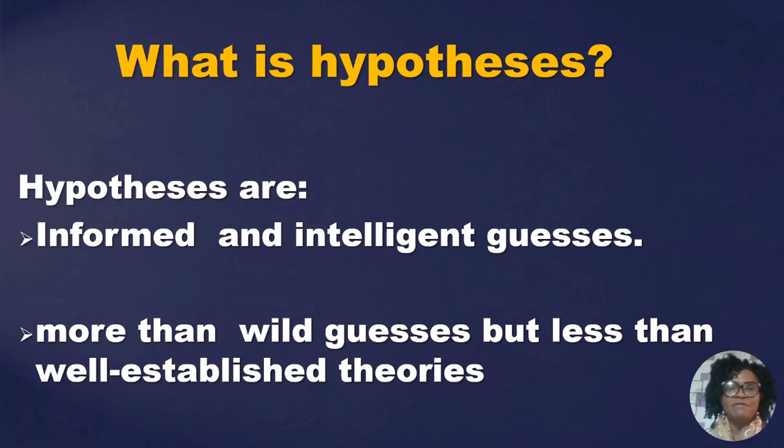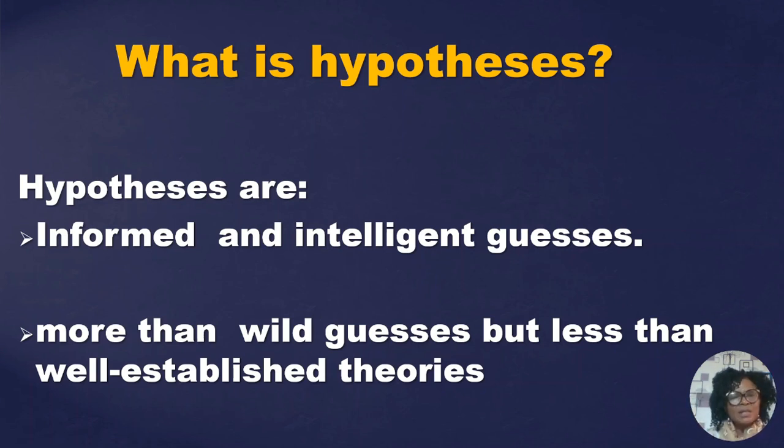Hypotheses are more than wide guesses, but less than well-established theories. Yes, I say hypotheses are informed and intelligent guesses. So when we talk about hypothesis, you have a problem and you want to work towards finding a solution. But for you to do that, you need to infer.